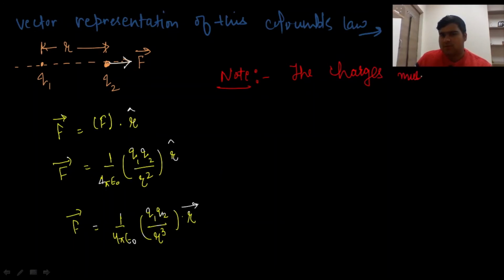If a charge is positive in nature, you use plus, and if the charge is negative in nature, you use minus. I hope up till here there was no doubt. This was the very fundamental Coulomb's law, and now we're going to discuss a few problems based on it. So let's move ahead and do our very first problem of Coulomb's law.